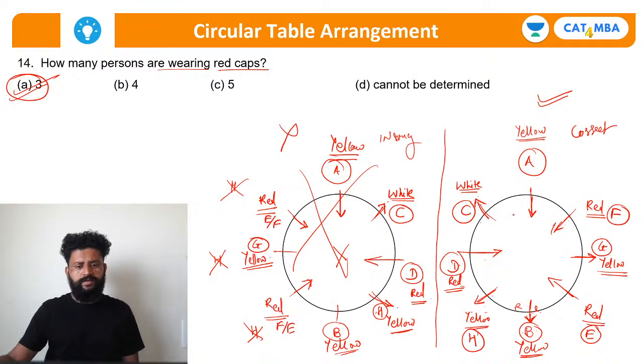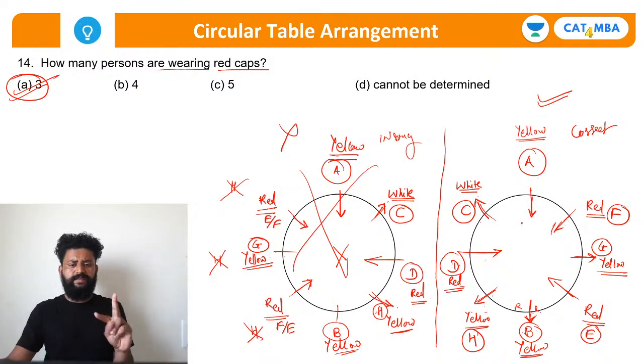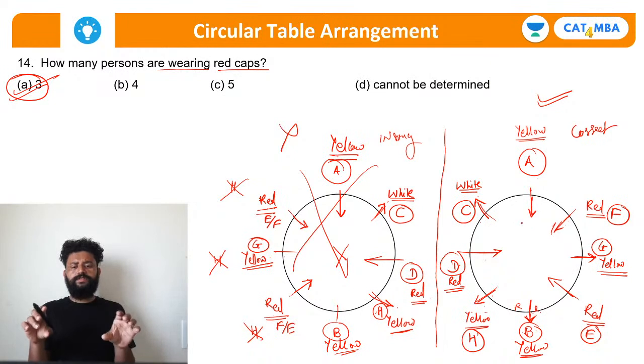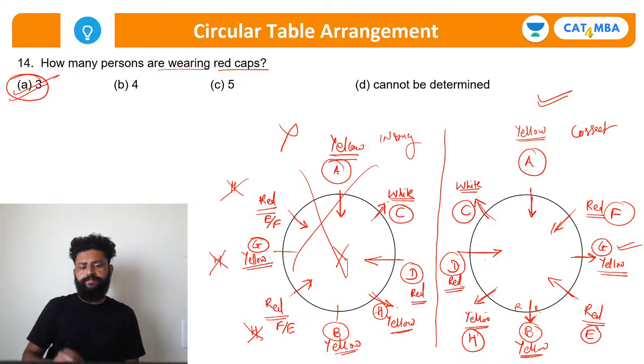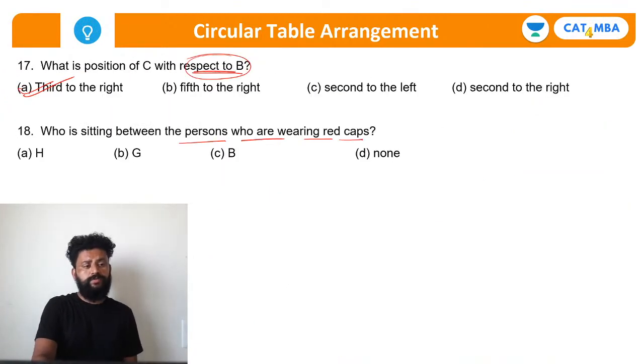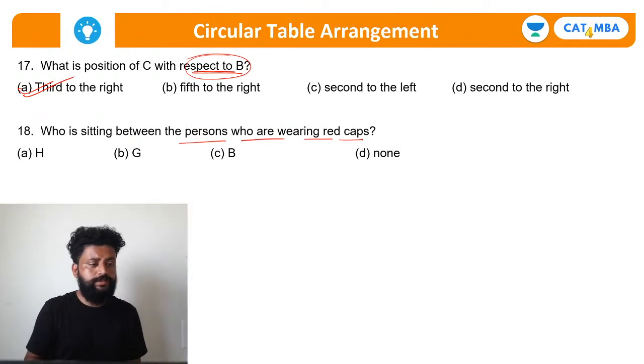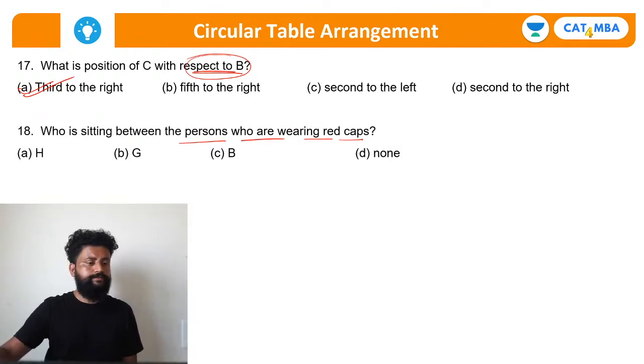There are two persons sitting, and we want a single person who is sitting between the two persons wearing red caps. So if you look at this, E and F are the persons with red caps, and there is exactly one person sitting between them, that is G. G is the immediate neighbor of the persons who have red caps.